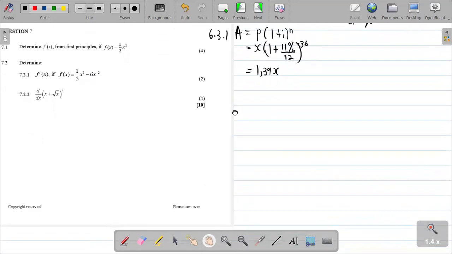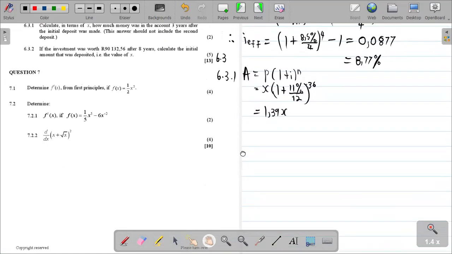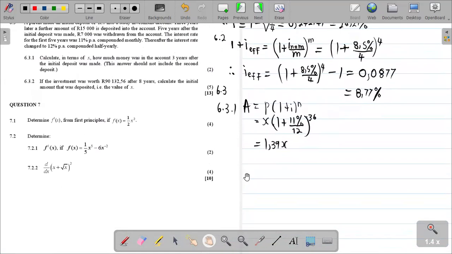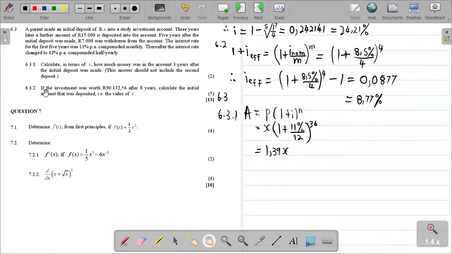Okay, so let's go to 6.3.2. Now, if the investment was worth 90,132.56 after 8 years, calculate the initial amount that was deposited. That is the value of X. Okay, so what do we have here?